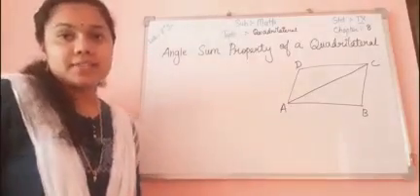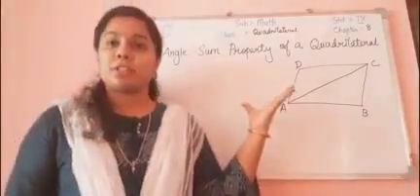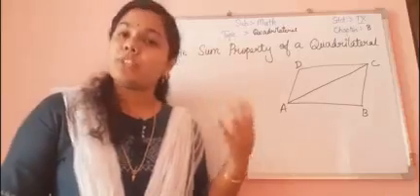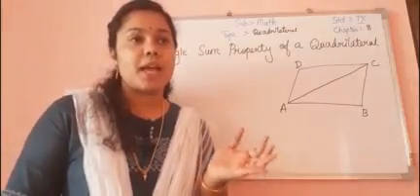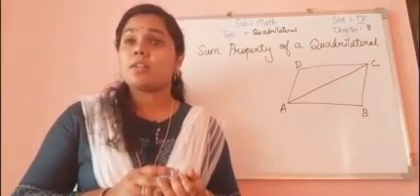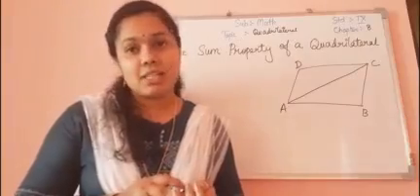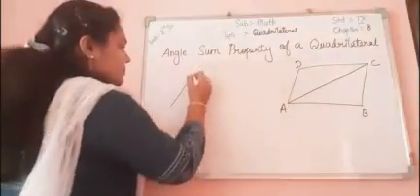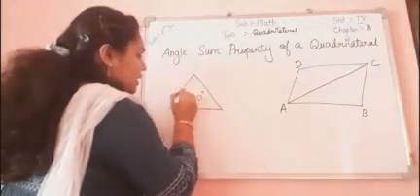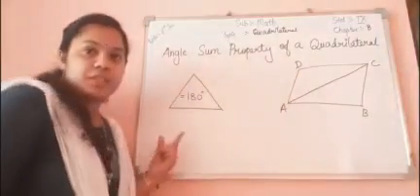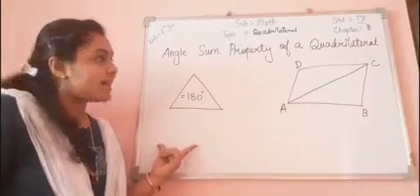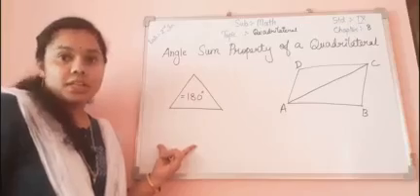Now we are dealing with the next topic, that is the angle sum property of a quadrilateral. In your previous session, you might have already learned about the angle sum property of a triangle. You all know that the angle sum property of a triangle is 180 degrees. If you draw a triangle, the sum of all the angles is always 180 degrees.